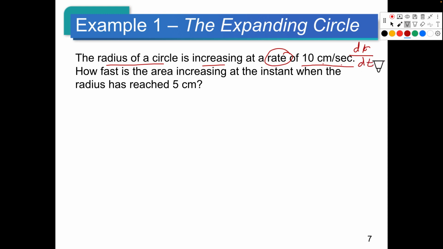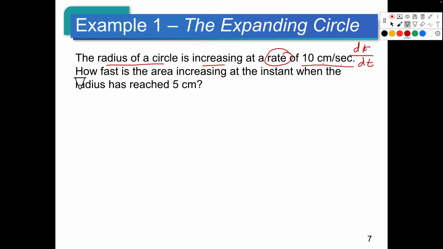Remember, whenever you see the word rate, that is a derivative. And in this case, it's a constant. It could have been a function, it could have been 10r or 10t, but it's a constant rate of change. So they're kind of being nice to us, because they could have the time in there, but it's a constant rate of change.